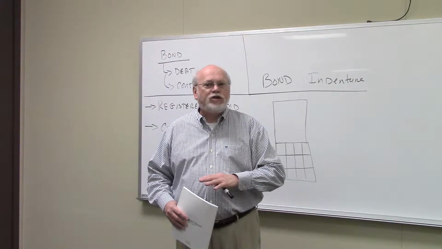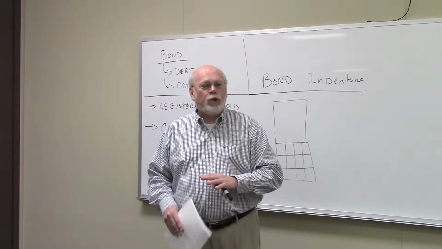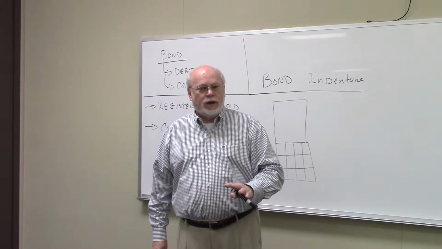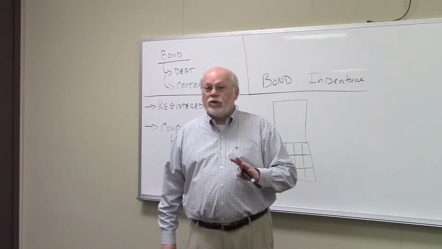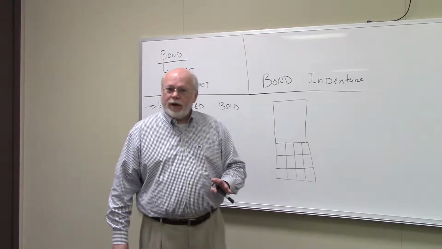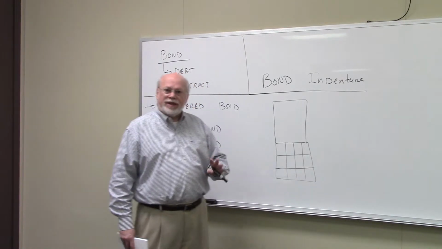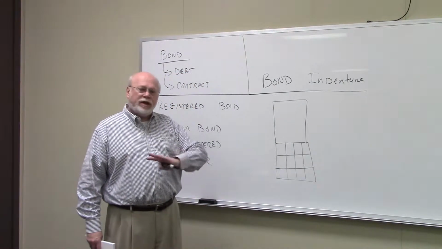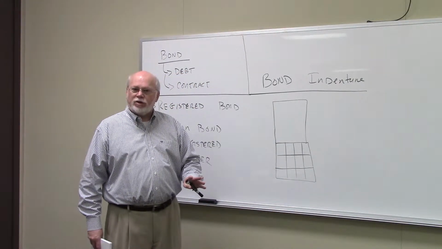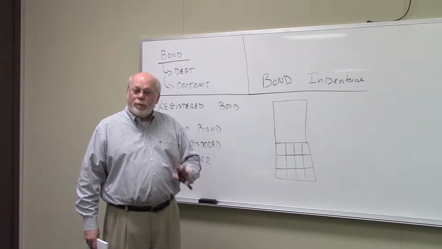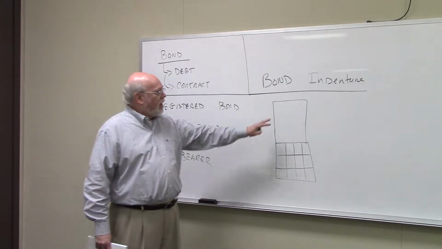With a bearer bond, there's no registration. No one's name is registered with the bond. Those are bearer bonds. So if you lose a bearer bond, if your dog eats it, or the kids put it in the shredder, or anything else, you just lose all the cash flow associated with the bond. Those are called bearer bonds.